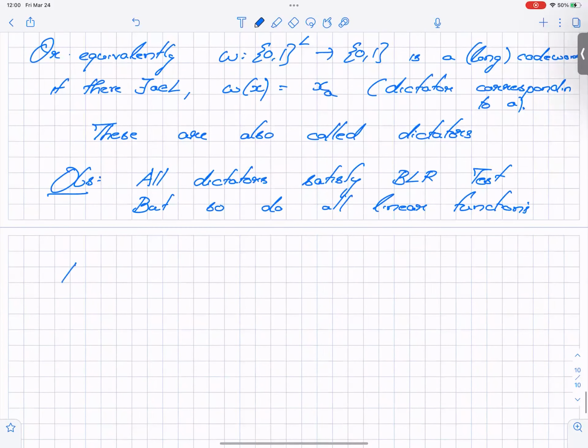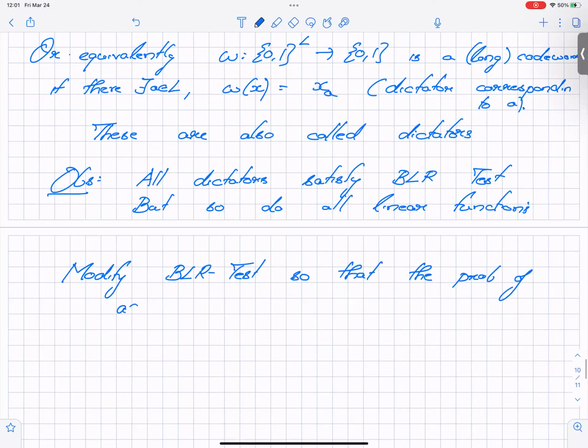So modify the BLR test so that the probability of accepting linear functions with large support is small.